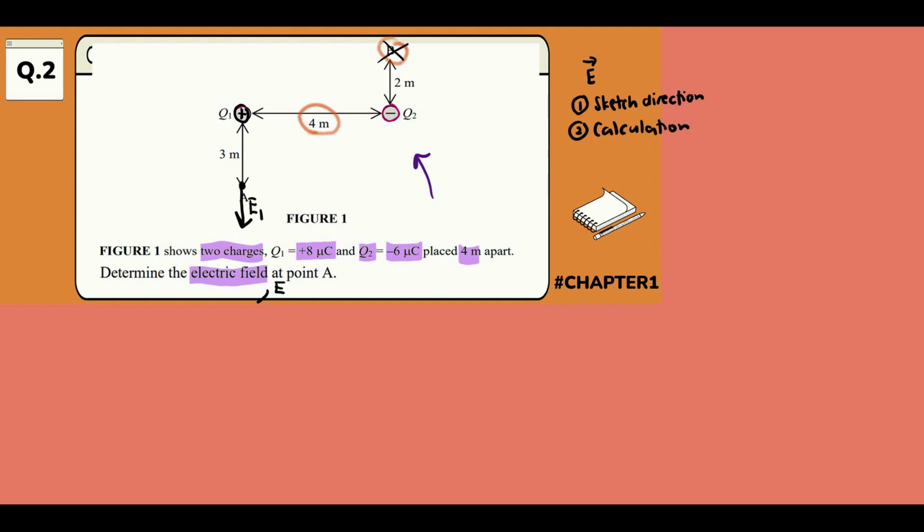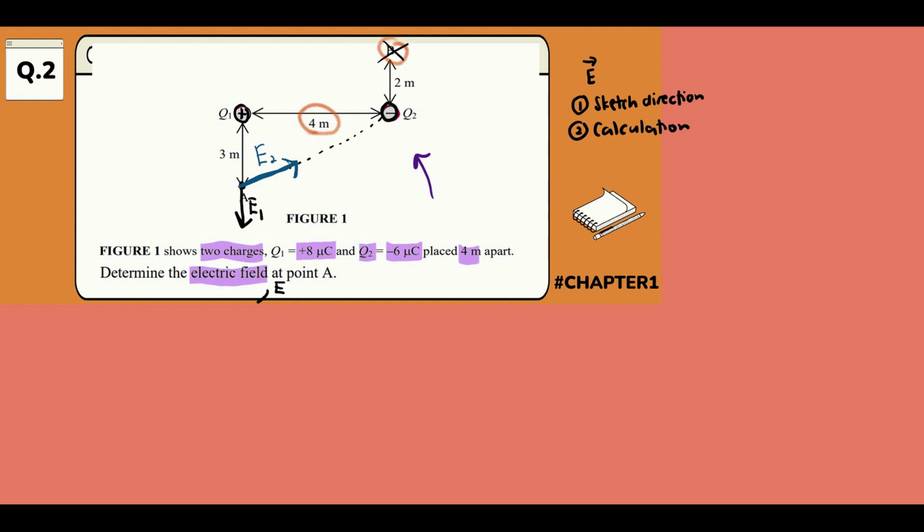And then the electric field due to charge 2 is going to be along this line, and charge 2 is negative, so from point A, your electric field 2, E2, is into the charge. So this is your E2. Now this is your diagram.